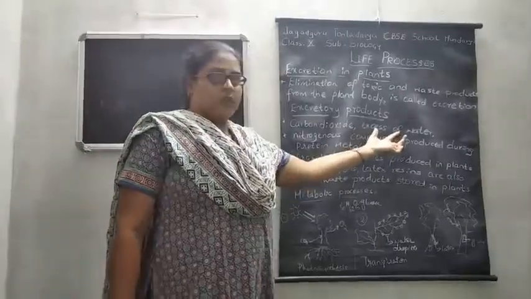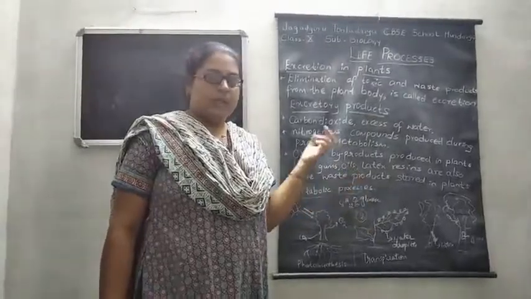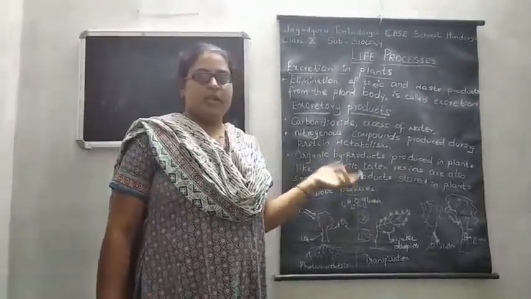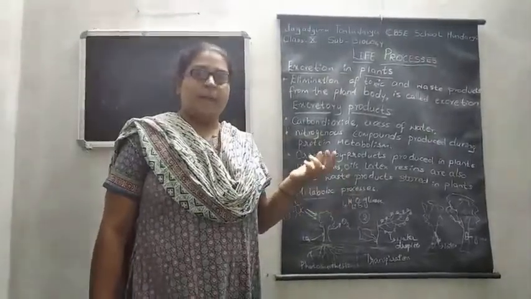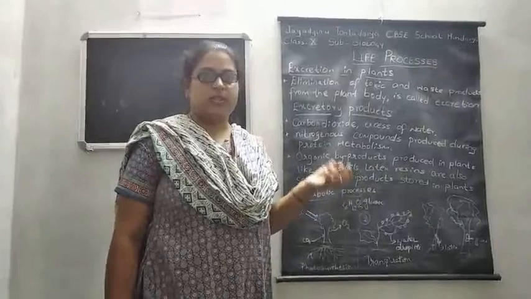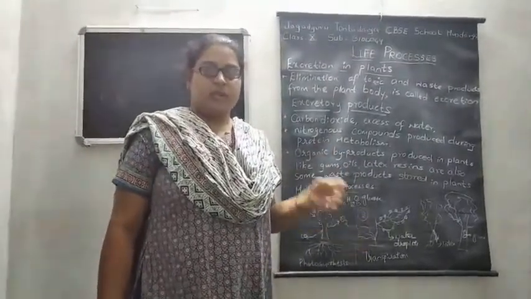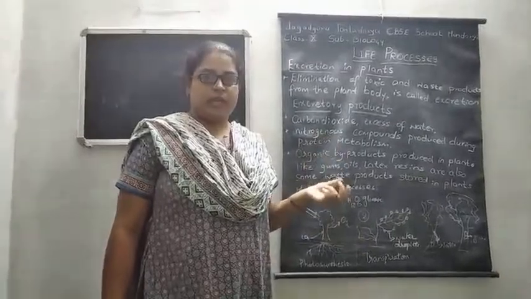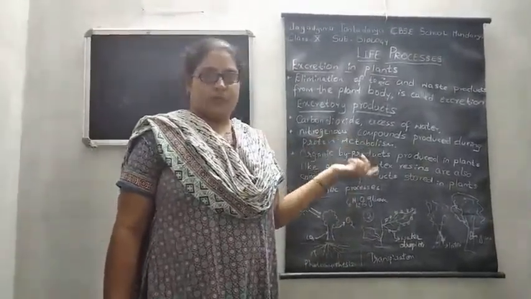Excess of water: water is essential for the healthy growth of the plant, but it has to be used up by the plant, only as much as is required. It is transported with the help of water conducting tissue present in the roots, stem as well as leaves. First, roots absorb the water and transport that water and mineral nutrients from the soil to all parts of the plant.